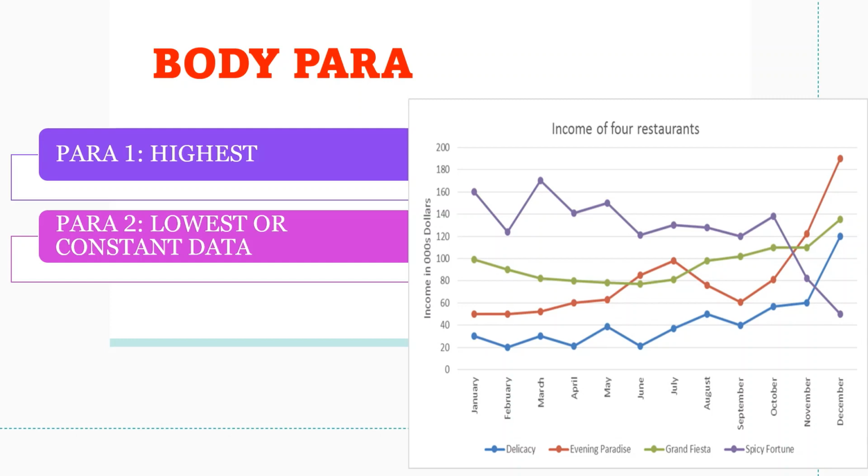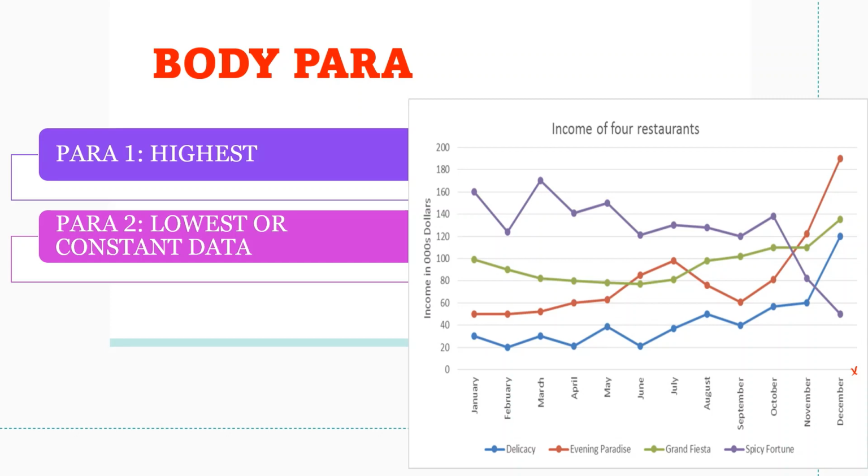Now for segregation. How can you segregate it into two body paragraphs? There are two ways in which you can do this. One is according to the x or y axis. If you are going by year, you can say at the beginning of the year, delicacy was this, evening paradise was this, whereas grand fiesta and spicy fortune was like this.